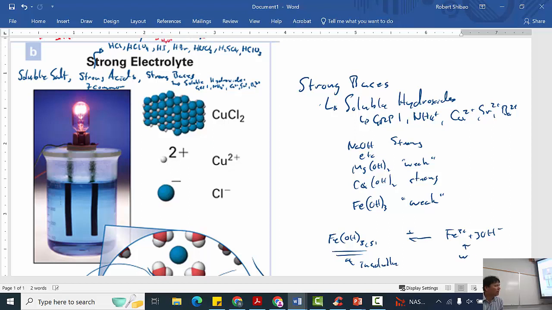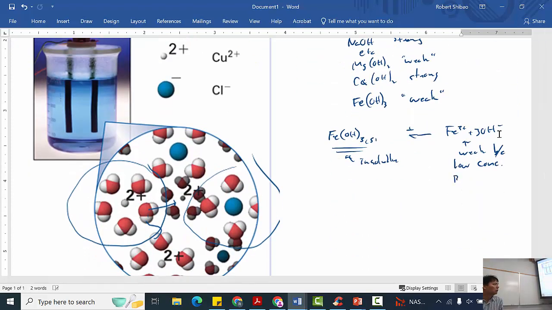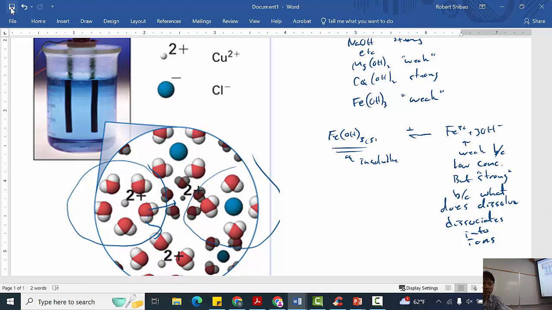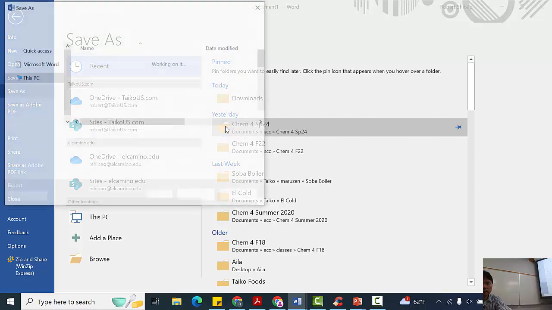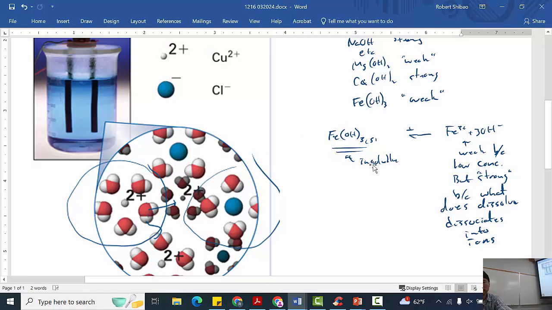And so it's weak because of low concentration, but it's strong because it dissociates into ions. Does it kind of make sense?